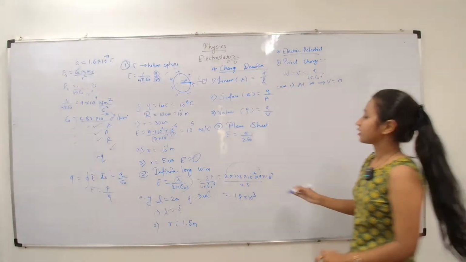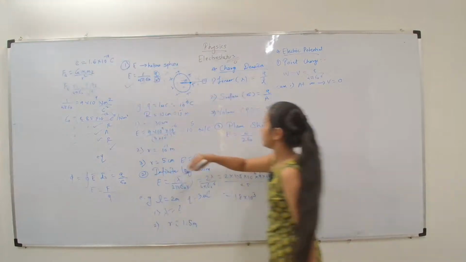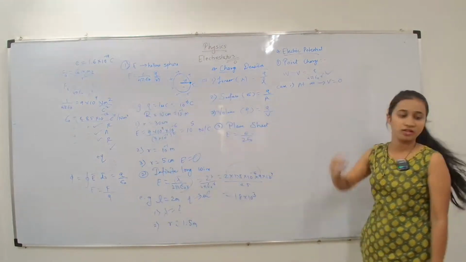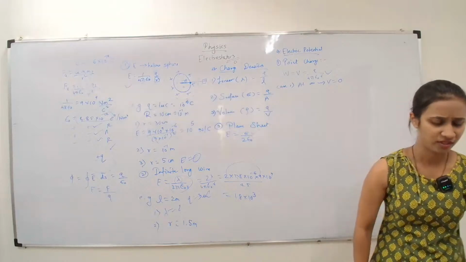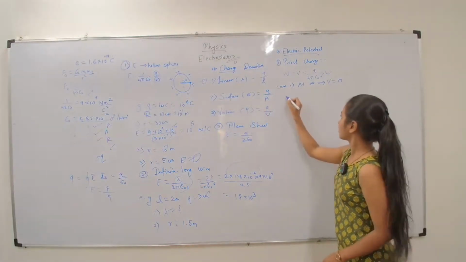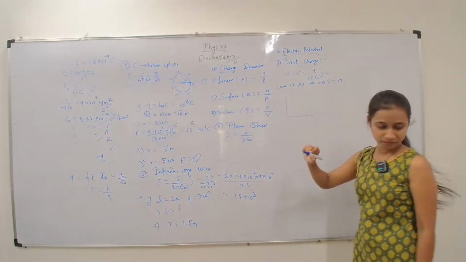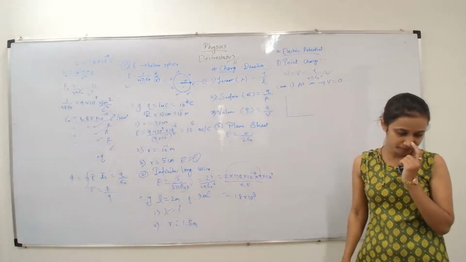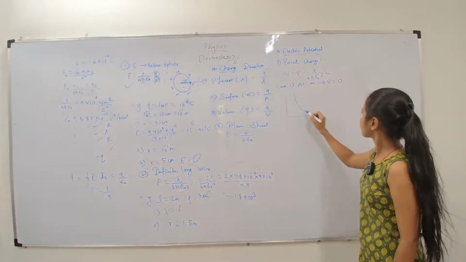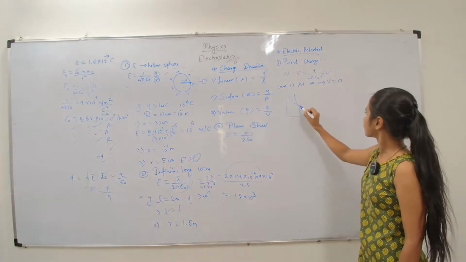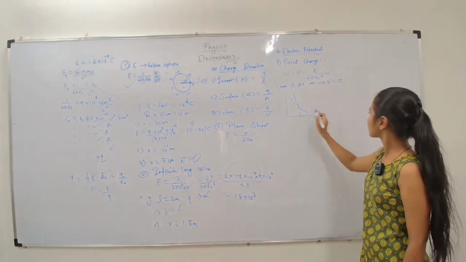So इकडे एक फॉर्म्युला आहे फर्स्ट इलेक्ट्रिक फील्ड and here it is potential or electric potential. We will try to plot a graph which is already given in the state board textbook, and the graph is like so.